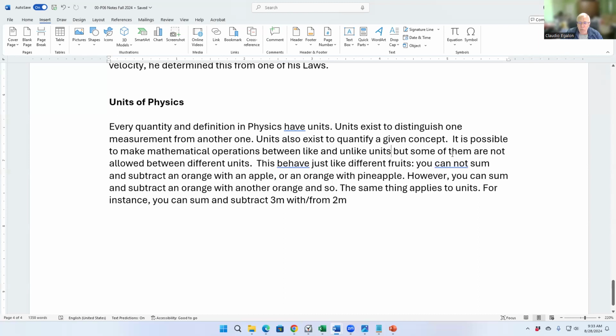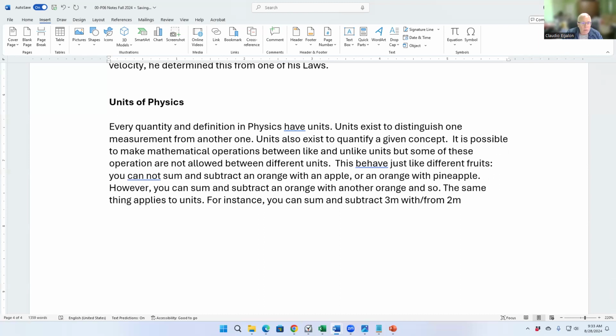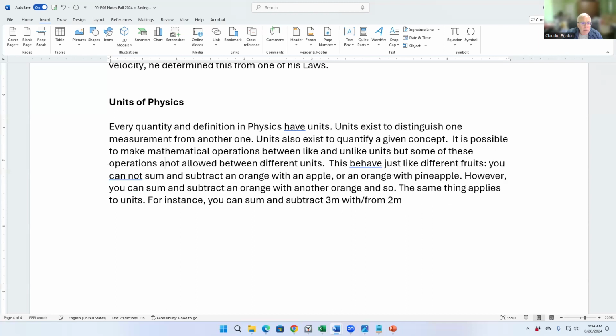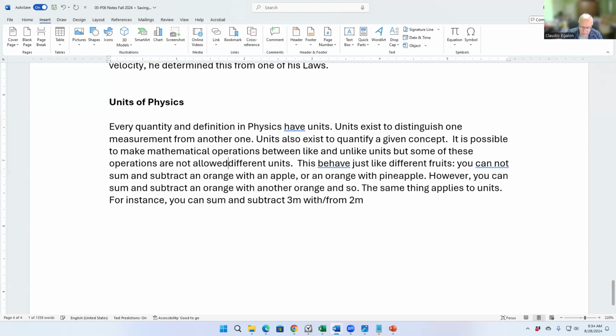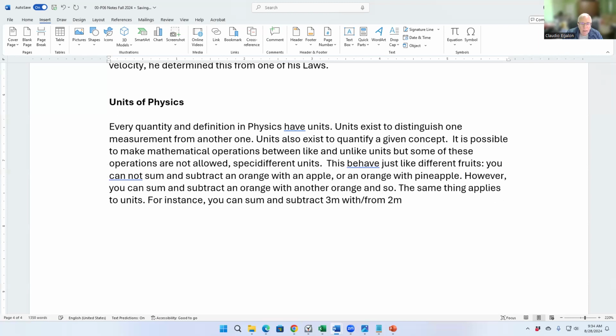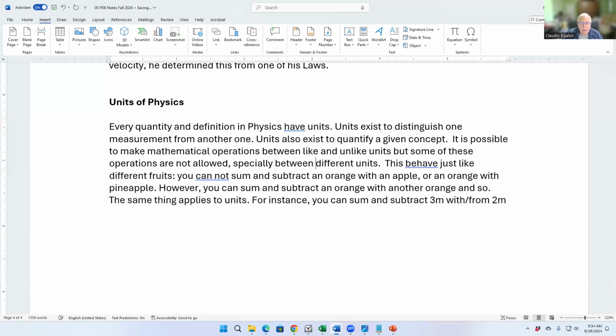Some of these operations are not allowed, especially between different units.